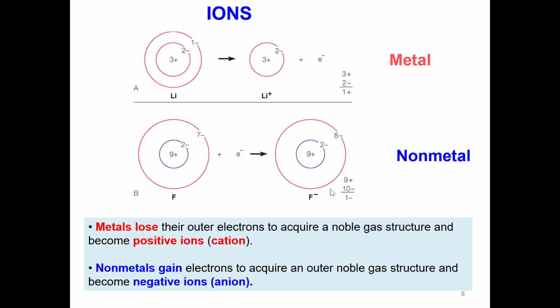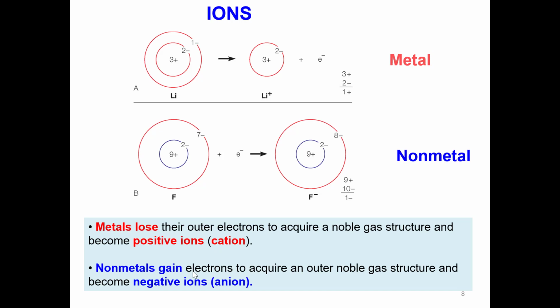Usually that happens in non-metals. Metals are always positive ions and non-metals are negative ions. Metals lose their outer electrons to acquire a noble gas structure and become positive ions, which are cations.